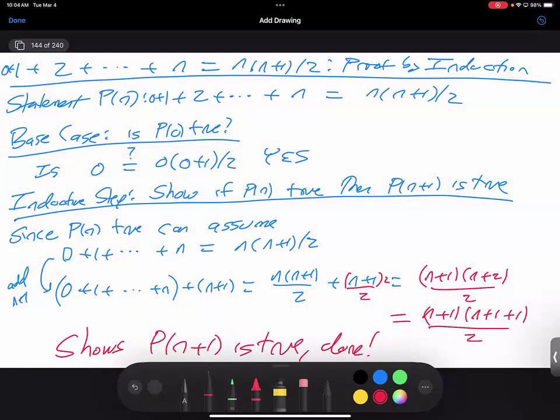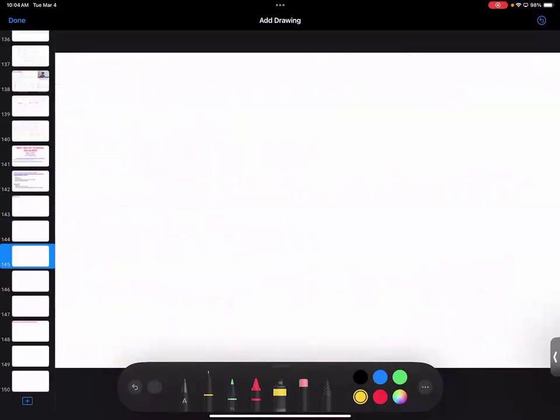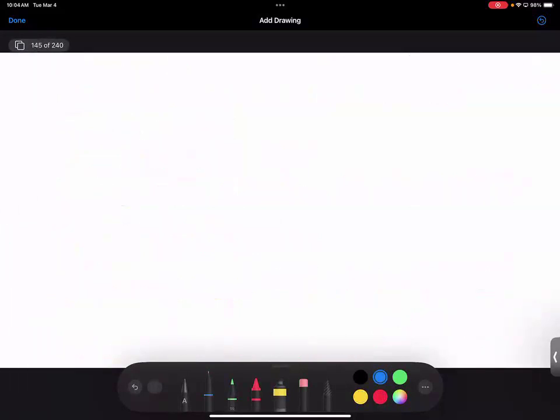Yes. So one thing is you could say one challenge was knowing to add n plus 1. This hopefully isn't that bad because we're trying to get the statement Pn plus 1. We almost have the statement Pn plus 1 here, so it seems natural to do this. The other way you could have done this problem is you could have started off with Pn plus 1: 0 plus 1 plus dot dot dot plus n plus 1.